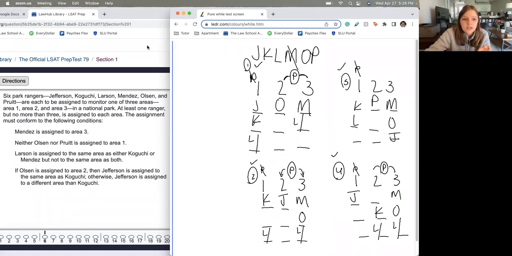The other thing that I should note is doing shortcuts like this. I don't like calling them shortcuts, but they are shortcuts. These shorthand notations are going to help you speed up, because I'm not having to break the diagram further down. I can instead, when I go into my questions, see this and mentally move P between 2 and 3 rather than writing it out to the side.